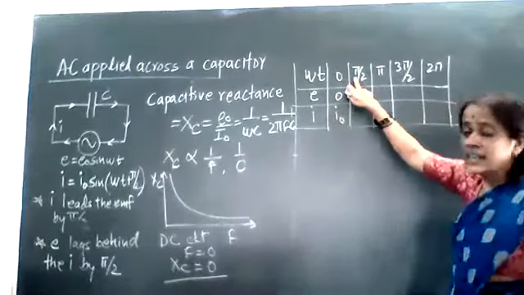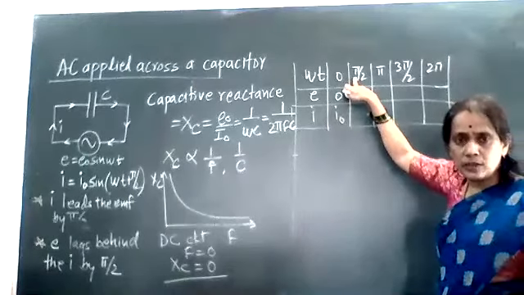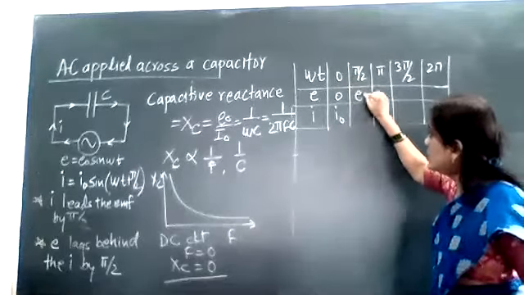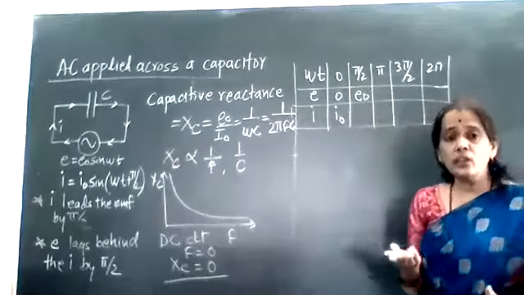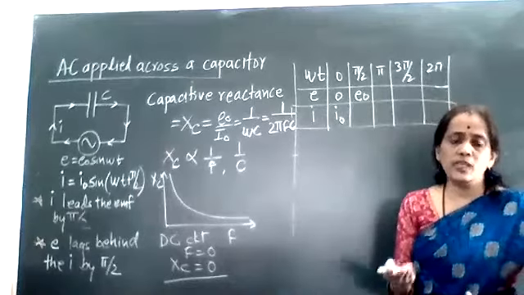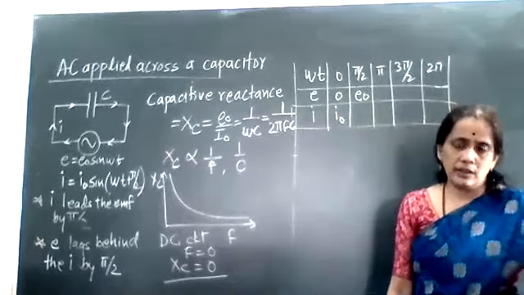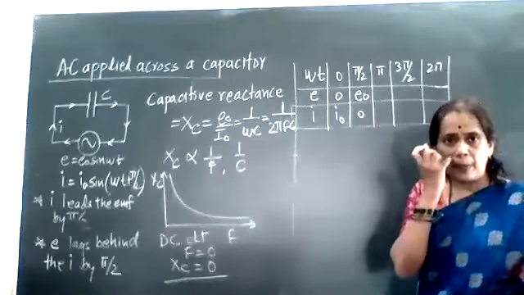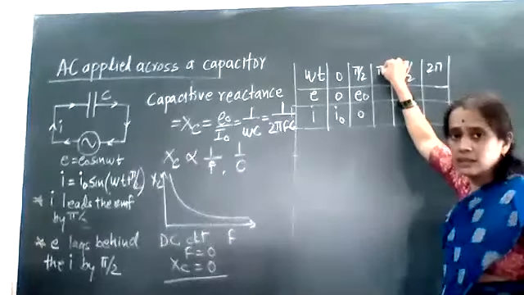Next value, next is what? Pi by 2. Omega t value is pi by 2, so your EMF becomes E0. But in the current equation, what will the current be? Sin of (pi by 2 plus pi by 2) gives sin pi. Is it right? And sin pi is nothing but 0. Next, pi.